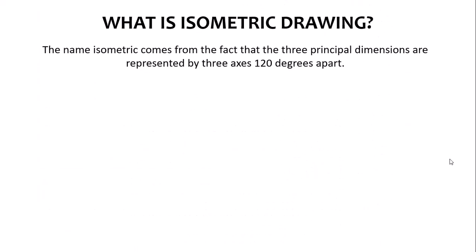Now, a key thing that I always like talking about is how these names really apply to properties of these drawings. For example, in the word isometric, you see that there's this first part which is ISO. Whenever you see ISO in drawing, it just means there's some things that are equal. For example, we have the isosceles triangle, where ISO means two sides are equal.